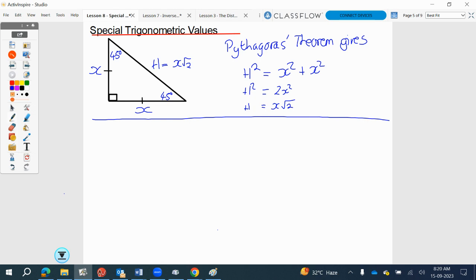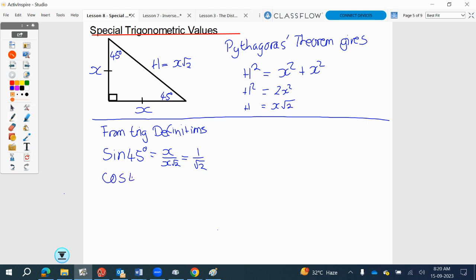I go over here, and then from the trig definitions, sine of 45 degrees is opposite over hypotenuse. Opposite is x. Hypotenuse is x root 2. So this is 1 over root 2.